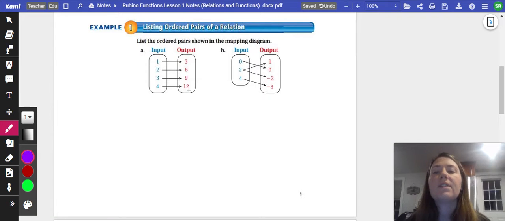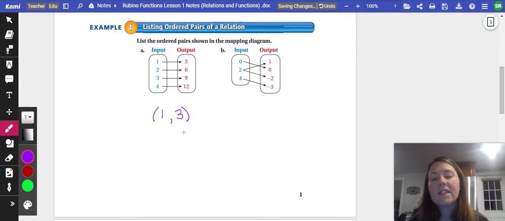Example 1 asks us to list the ordered pairs shown in the mapping diagram. To do this, we are simply going to, in parentheses, list our input first. We can see the input is 1, and then we're going to list the corresponding output. There's an arrow pointing to 3, so that is the output.